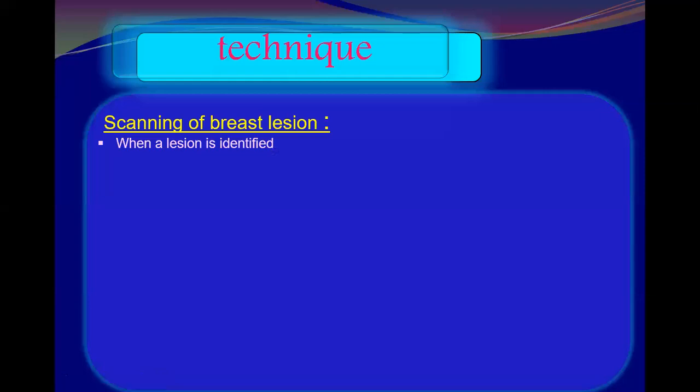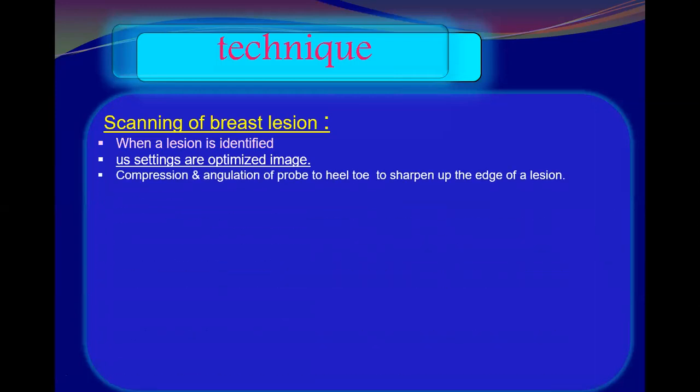Okay. Again, in conclusion, when scanning breast lesions, when a breast lesion is identified, we have to re-optimize the image. I mean by resetting the machine, though in modern machines auto regulation can optimize it automatically.